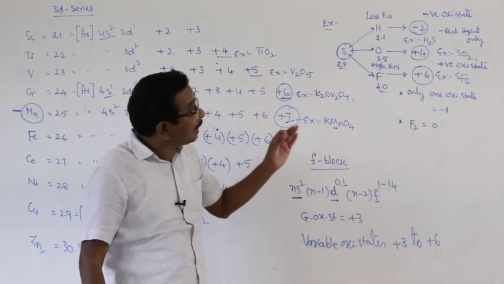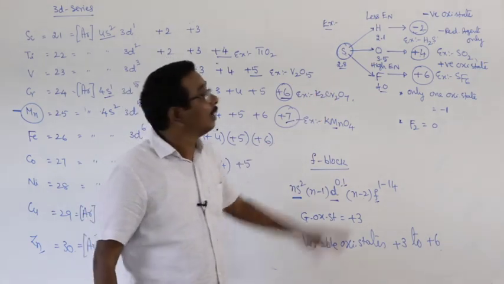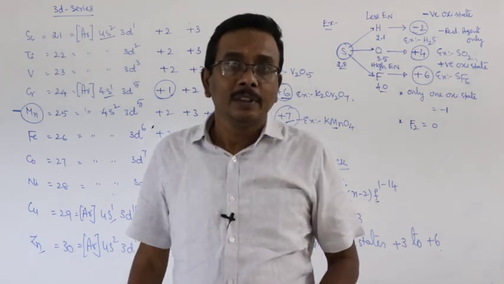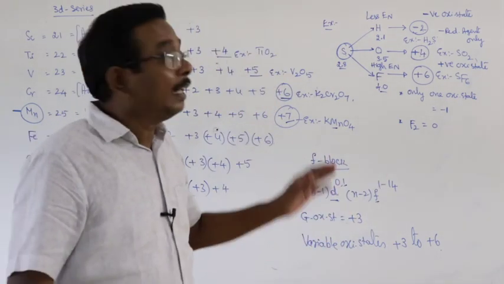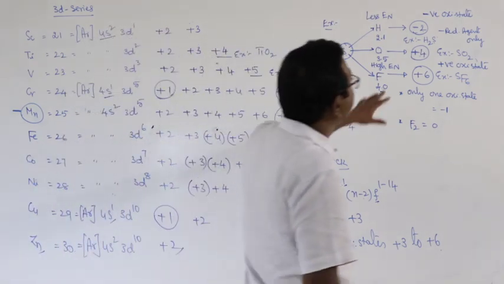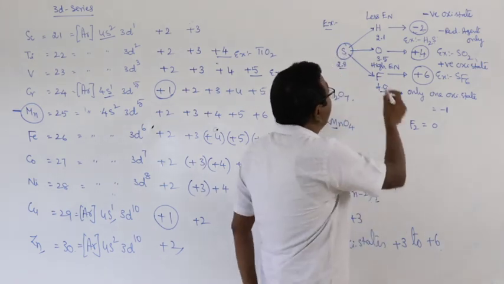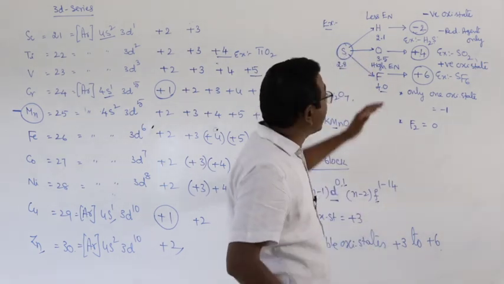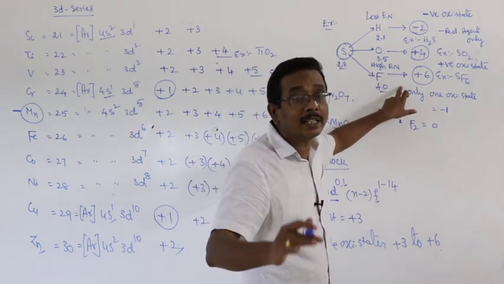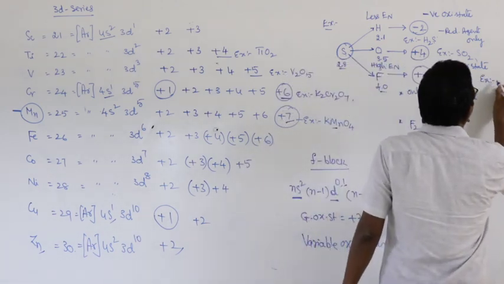When an atom of an element exhibits its lowest oxidation state in a compound, then that compound acts as a reducing agent only. And next, when an atom of an element exhibits the highest oxidation state in its compound, then that compound acts as an oxidizing agent only.